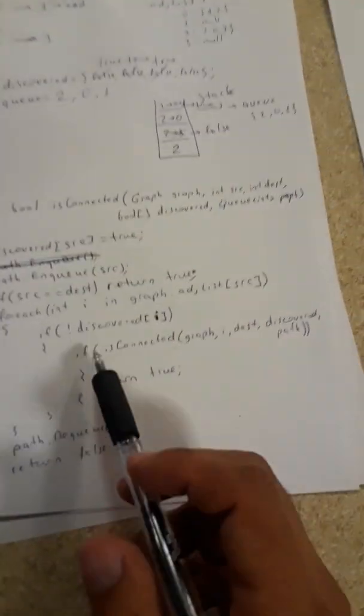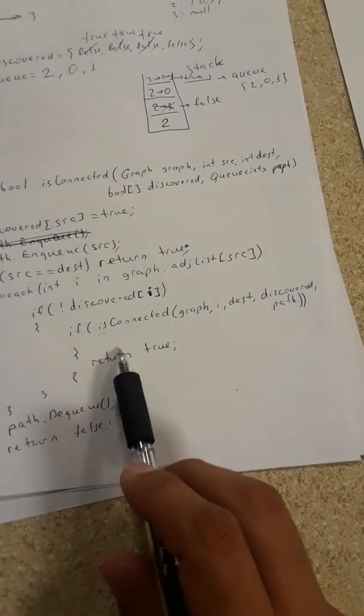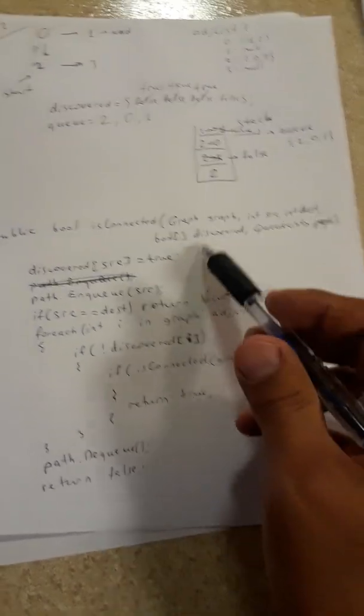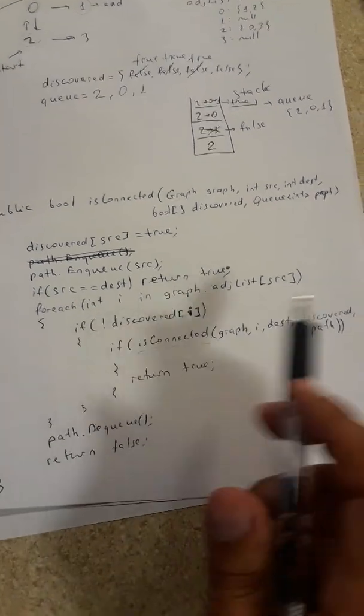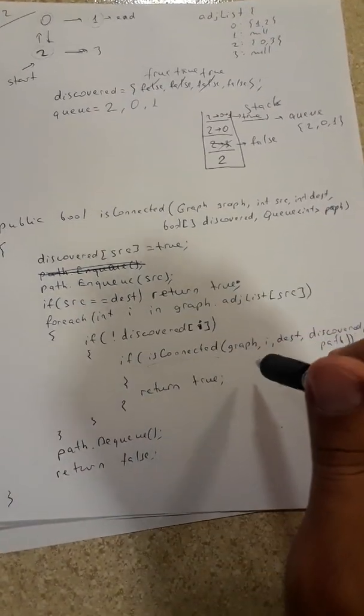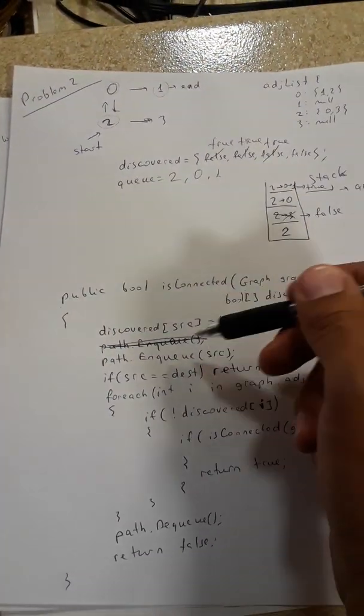So here's our function. Once it returns true, it will keep going, calling itself and storing all the elements in the queue, which is outside of this function.